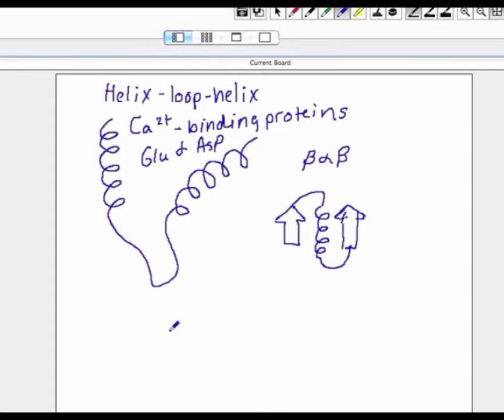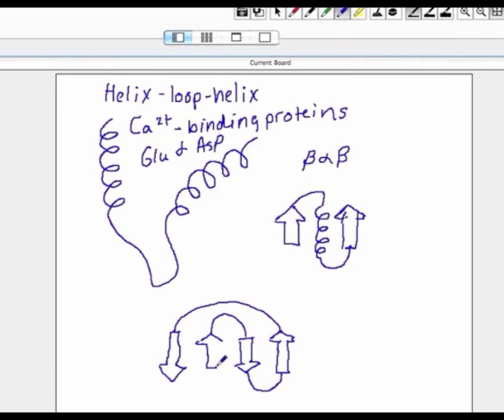This one was named, gosh, talk about a sexy mind. Whoever named this had a sexy mind. This is called the Greek key. It's named that because it looks a lot like a reoccurring design that's seen on Greek pottery. What's interesting about it is that it is an anti-parallel beta sheet. But what happens in it is that the first two strands in this beta sheet are in the center, and then the third and fourth strand are on the outside.